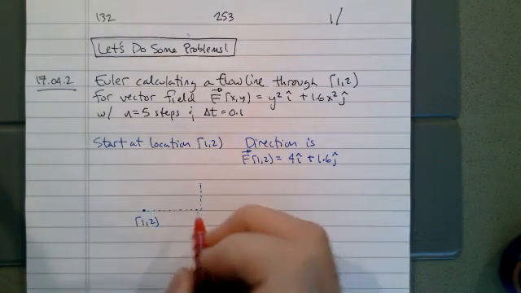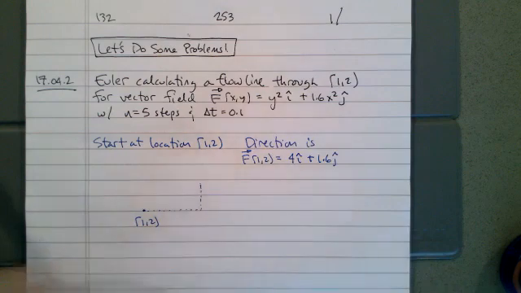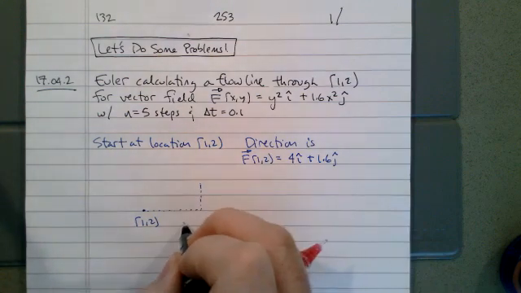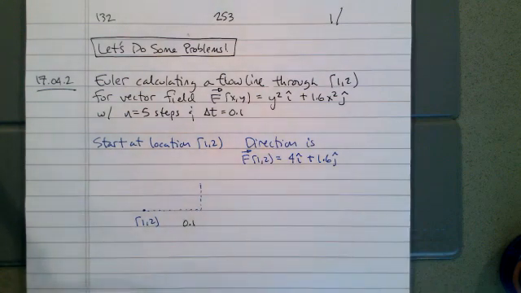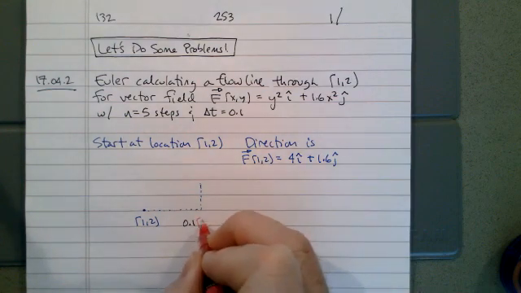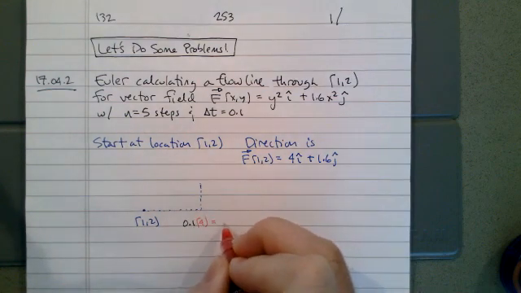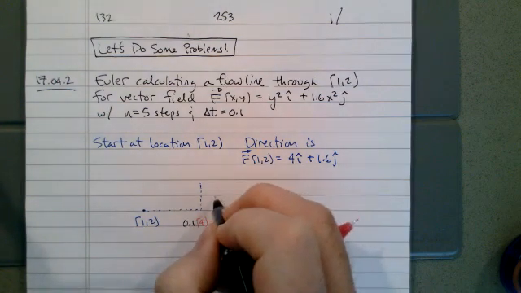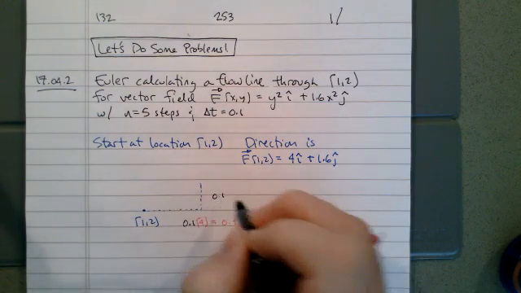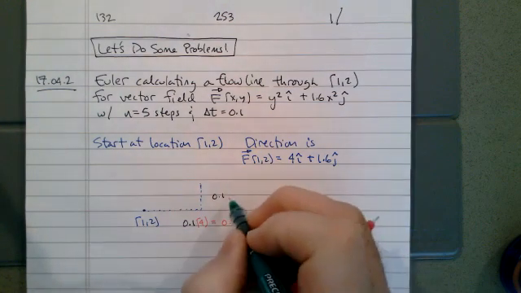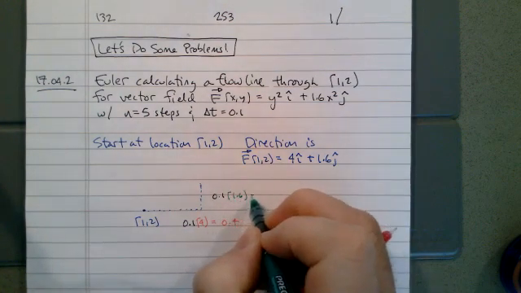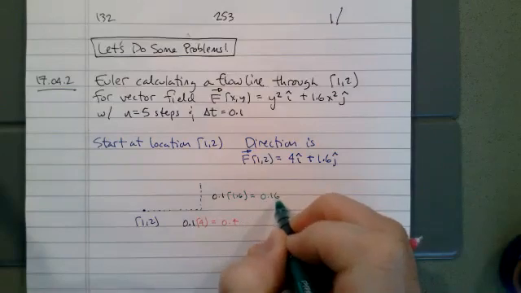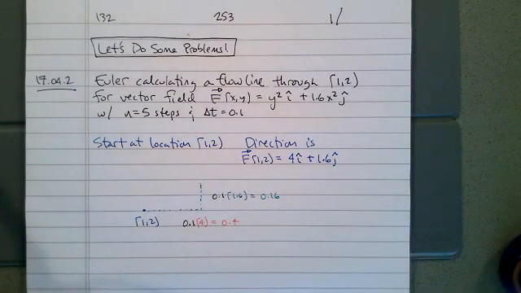I'll use pink for the x direction. I'll use t as 0.1 times 4, and in the y direction, I'll do 0.1 times 1.6. So we're going in the direction of 4 and then 1.6, but we're not doing one whole version of it.